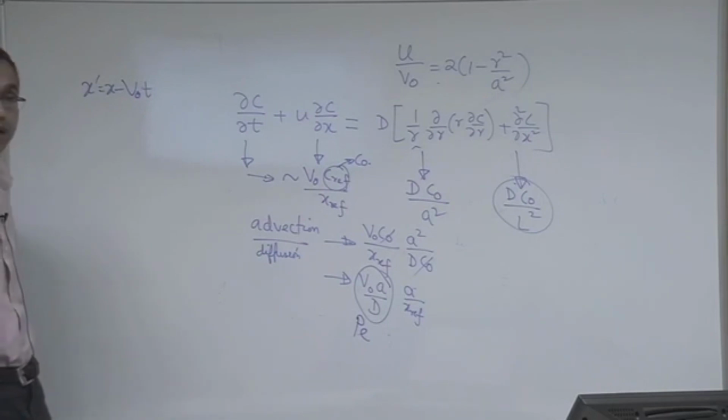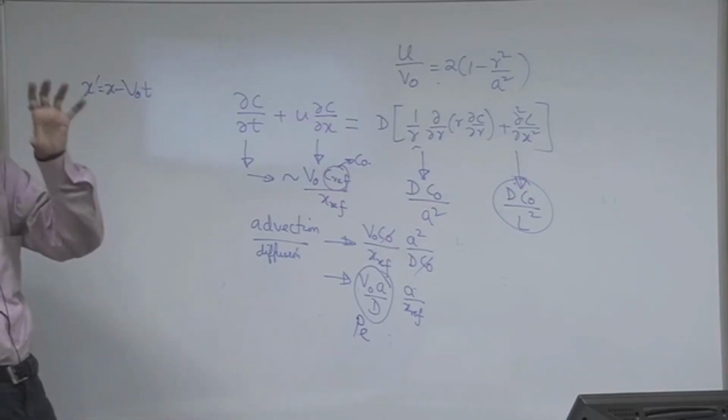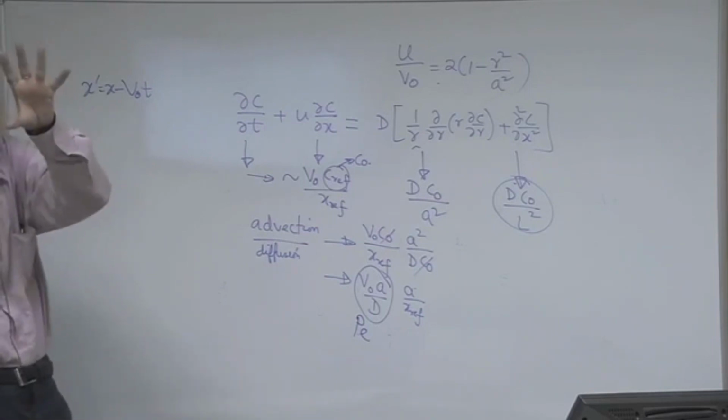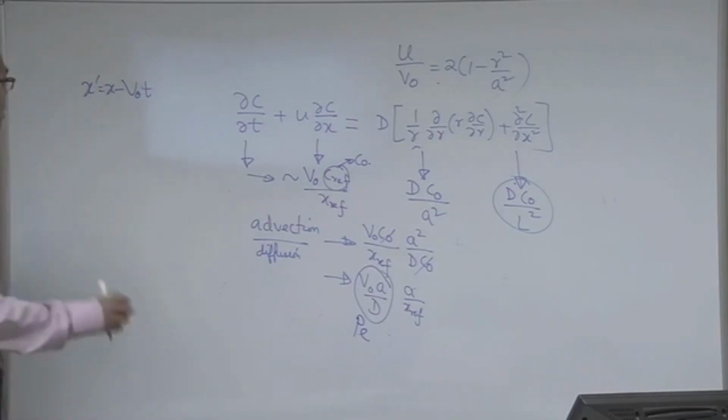What is the time scale over which we are observing the phenomenon? We are observing a time scale which is greater than the diffusion time scale, typically a square by D, and less than the advection time scale which is L by V0. So the time scale under which we are observing the phenomenon is typically greater than the diffusion time scale but less than the advection time scale. That is what is our regime.